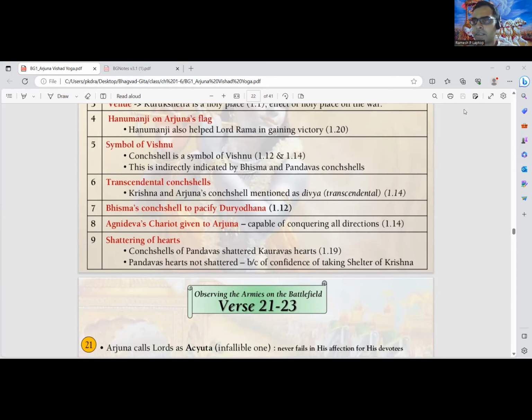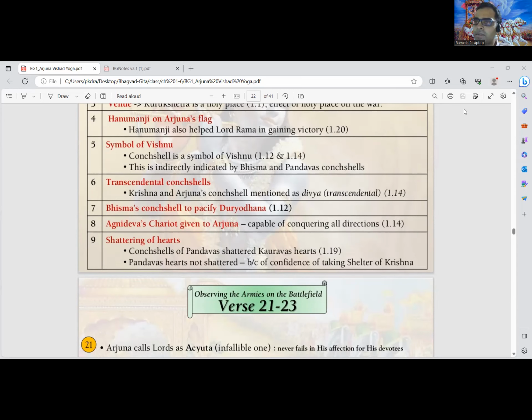Thank you all for your answers. I think most of us came close, but I'll just tell you. Infallible is one who never fails in affection to his devotees. In this case, Lord Krishna took the position of a charioteer, right?